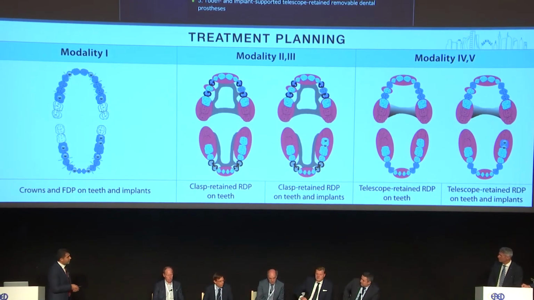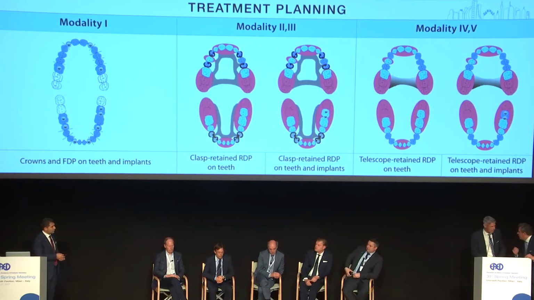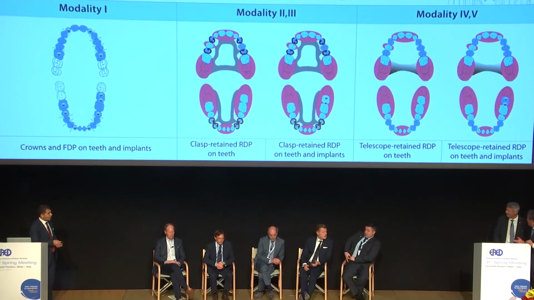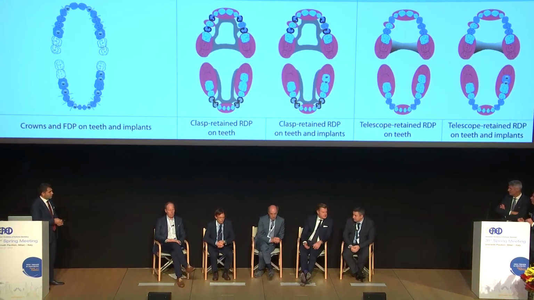Arndt, what do you say? Depending on the need of the patient, it's always an individual choice. He's requested fixed, but people don't have an idea that a removable telescope full arch reconstruction is like fixed and easily cleansable.